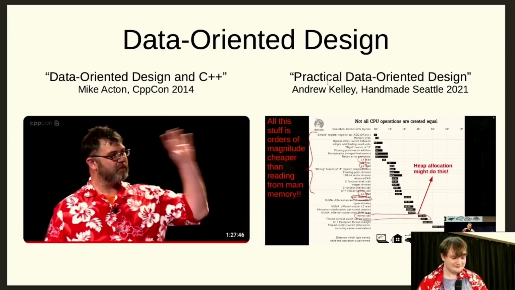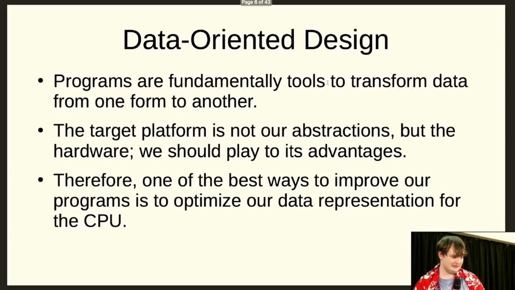Okay. So, data-oriented design then. If I had to summarize it, this is what I would say. Programs are fundamentally things that transform data. That's not a hot take. That isn't a theory. That's what a program does. And the thing that data-oriented design states, paraphrasing what Mike Acton says in his talk, is that the target platform is not the abstraction we're writing.